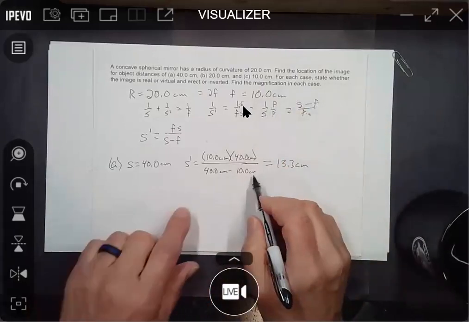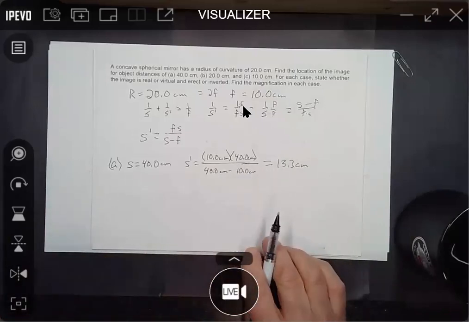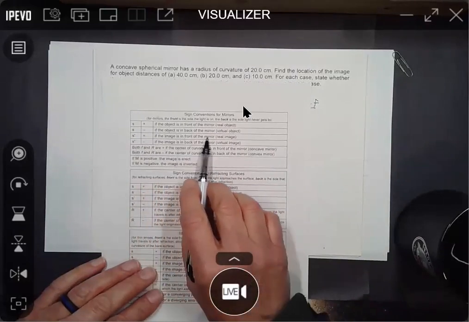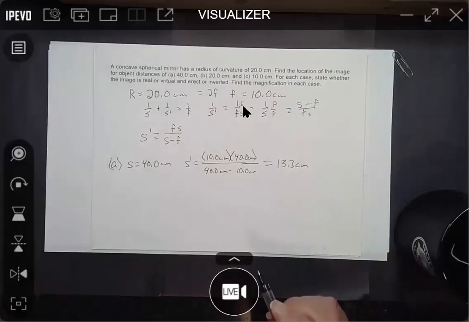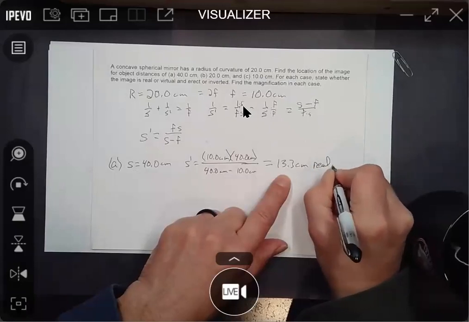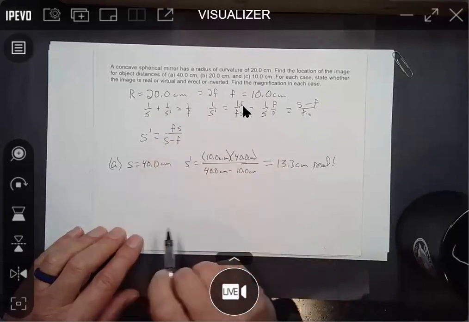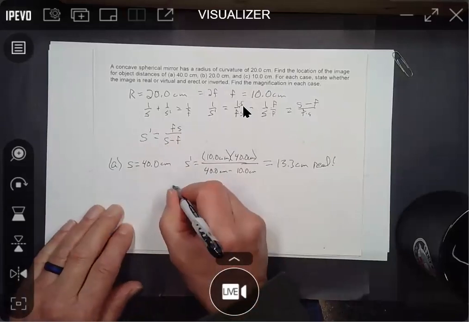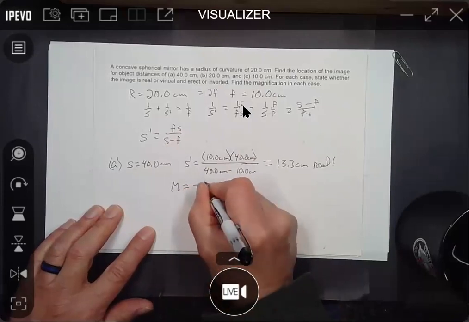Now, is that going to be a real or virtual image? Well, go to my sign convention. If S prime is positive, the image is in front of the mirror and it's going to be real. So that's a real image. Is it going to be upright or inverted? Well, I can figure that out if I look at the magnification. If the magnification is positive, it's upright, but here's the expression for magnification.